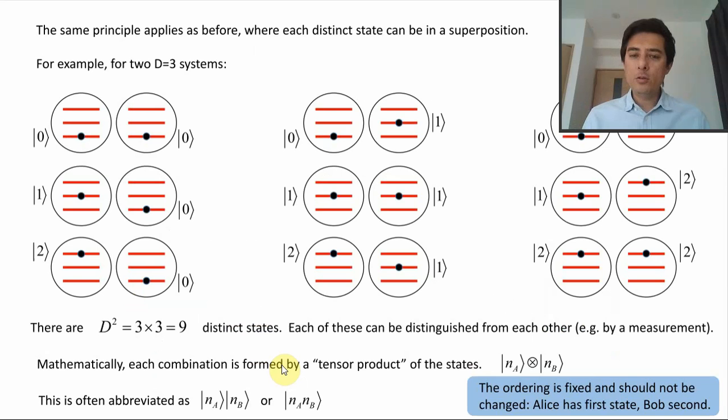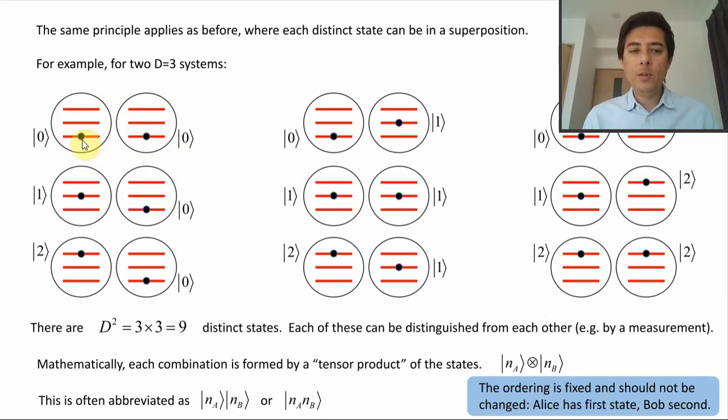Here we've got two systems, and just for the sake of example, two three-level systems. The distinct states of the whole system can be described by all the different combinations of states that you can have between the two systems. For example, the first one here is held by Alice, and the second one here is held by Bob.